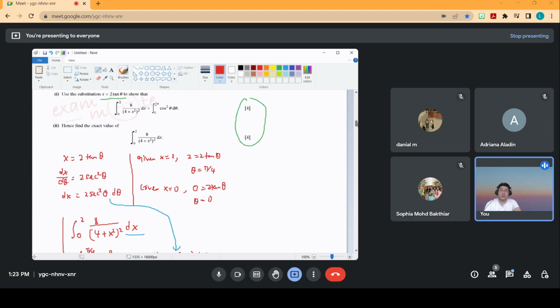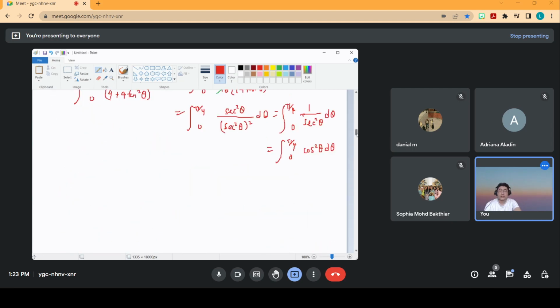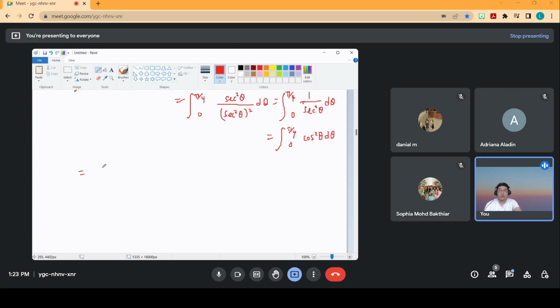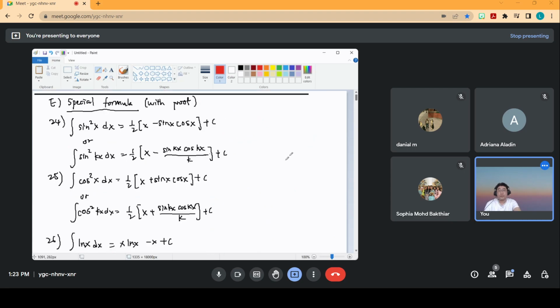Then from here, it is a continuous question, asking us to continue finding the answer. So I have the integral of pi over 4, 0 cos square theta d theta. So this is the special formula. You actually can see from here, cos square x is 1 over 2 bracket x plus sine x cos x.